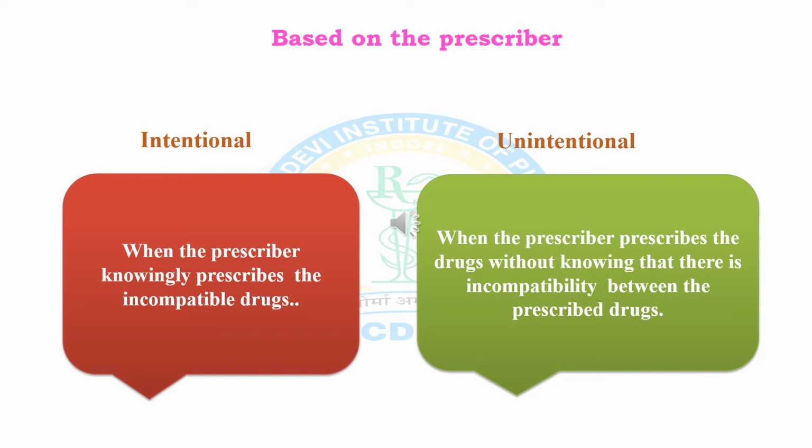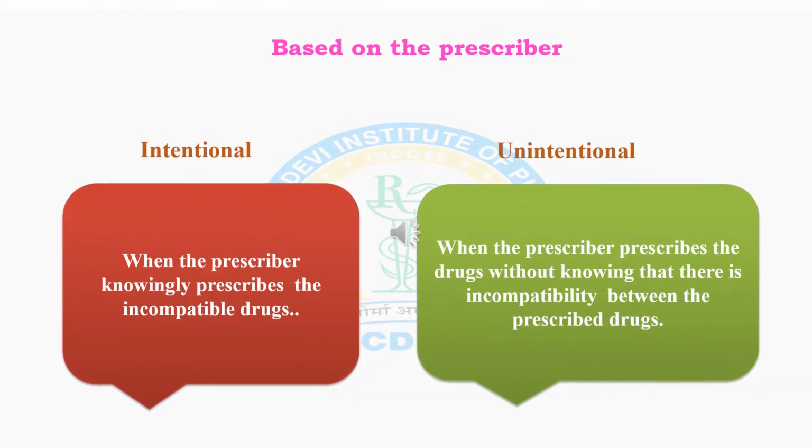Intentional incompatibility occurs when the prescriber knowingly prescribes the incompatible drug, and unintentional incompatibility occurs when the prescriber prescribes drugs without knowing that there is incompatibility between the prescribed drugs.